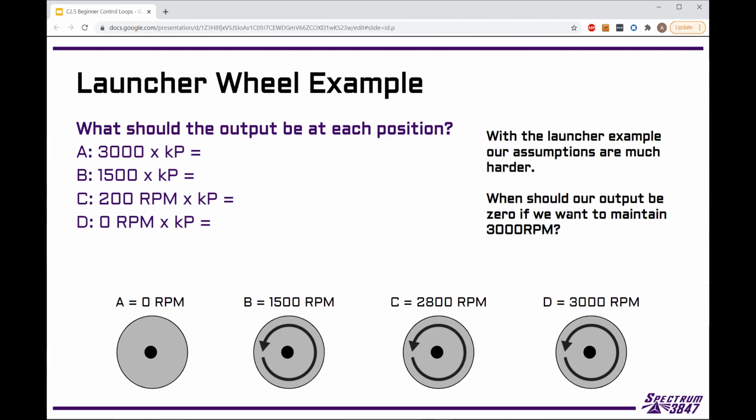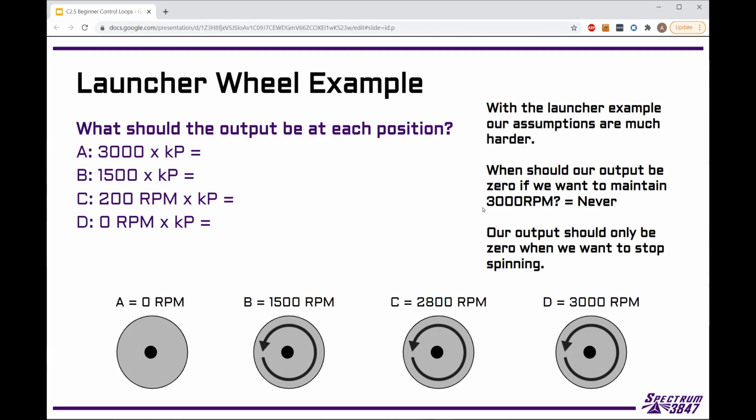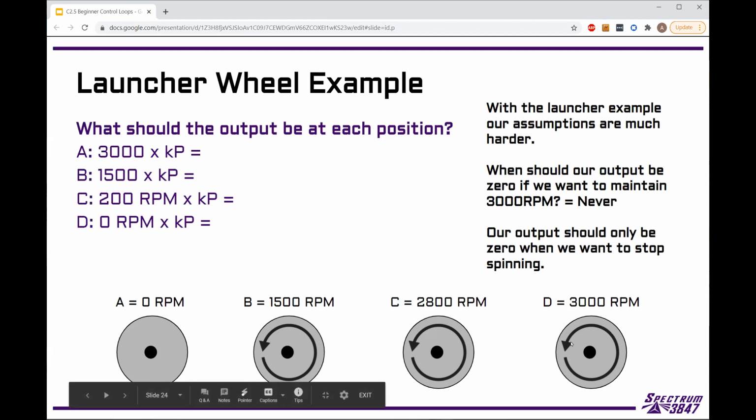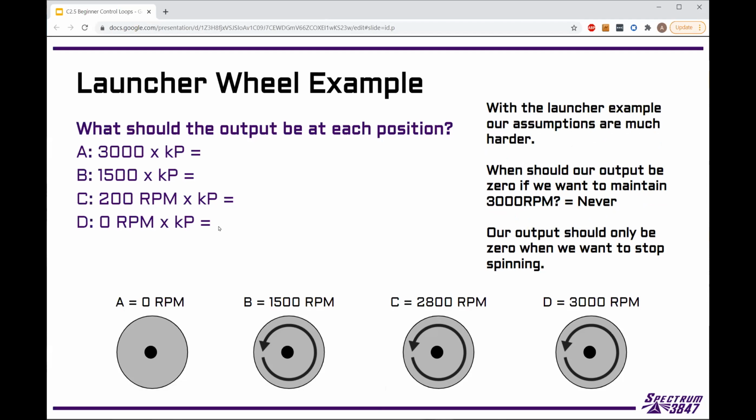We don't want it to stop moving. That doesn't really work for us. We want it to maintain that 3000 RPM. So our output should only be 0 when we actually want it to stop spinning. And none of these points, since we're telling it to go 3000 RPM, we never want it to stop spinning. So none of these equations, or the equation that we're actually going to use, should ever be 0.